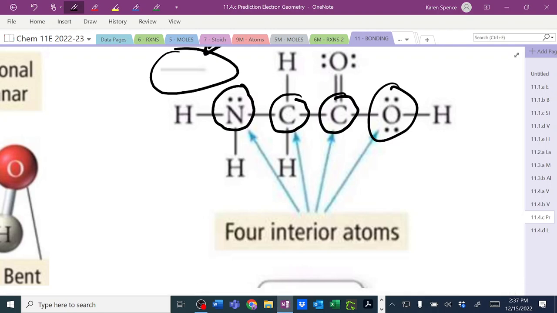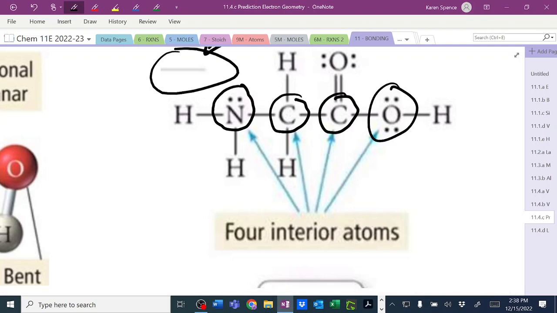Now, the nice thing is that none of them have 5 electron domains or 6 electron domains. So we're dealing with nice things that are either based on trigonal planar or tetrahedral. And most of those you'll be more familiar with as we go through, okay?